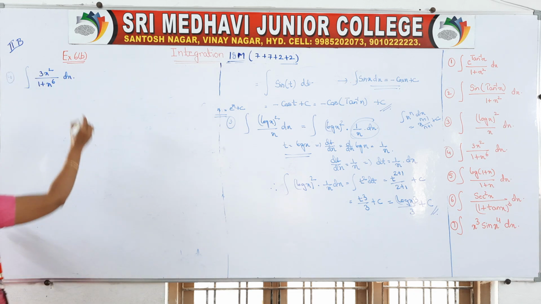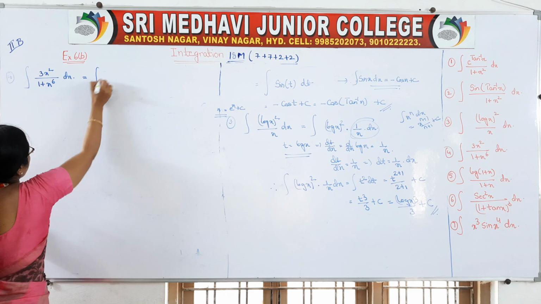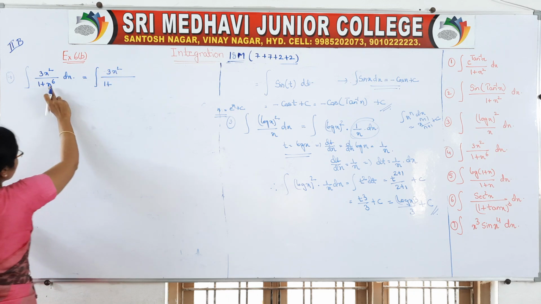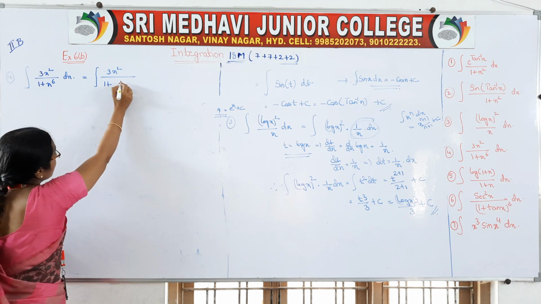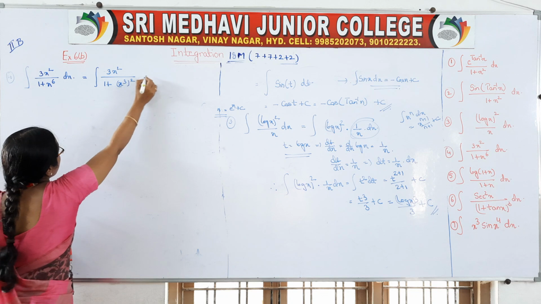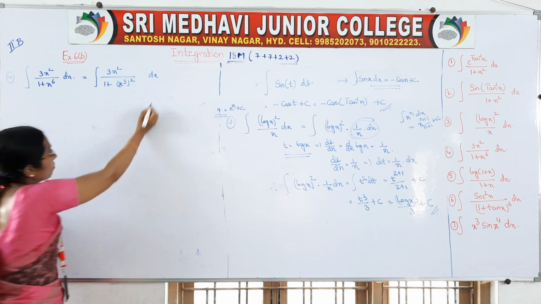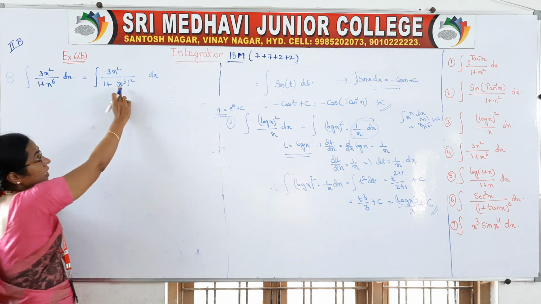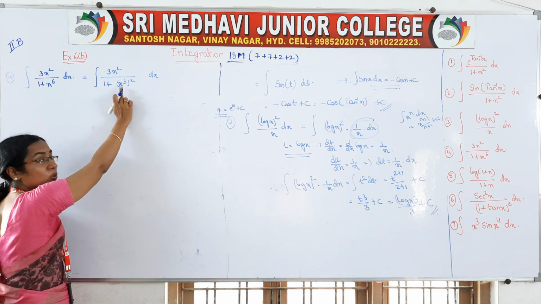Come on, how can we write it? It is equal to integral 3x square by 1 plus (x cube) whole square dx. Why not (x square) whole cube? So that I can take t is equal to x cube.